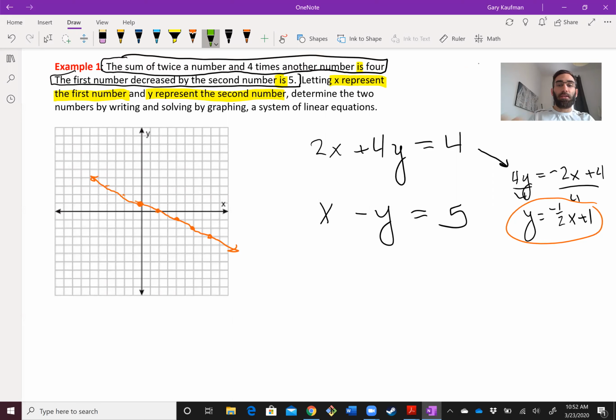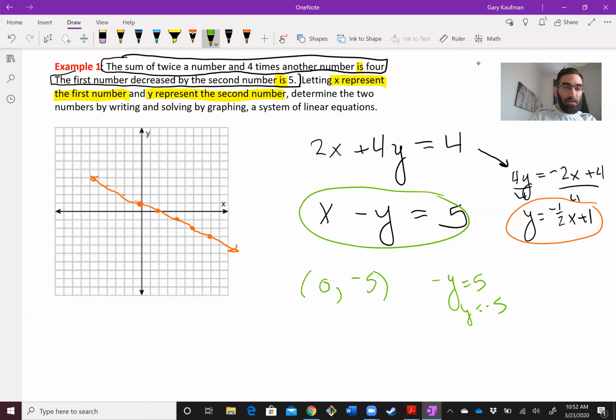Now this one, I'm going to do by finding the intercepts. Again, there's so many different ways. If I plug 0 in for x, I get negative y equals 5, so y equals negative 5. So 0, negative 5. And when I plug in a 0 for y, I get x equals 5.